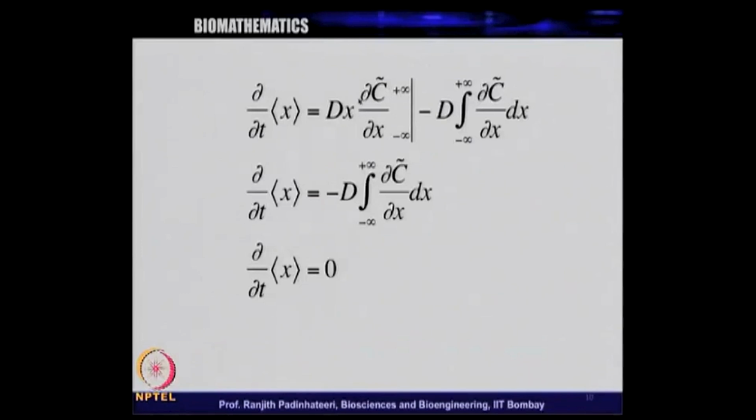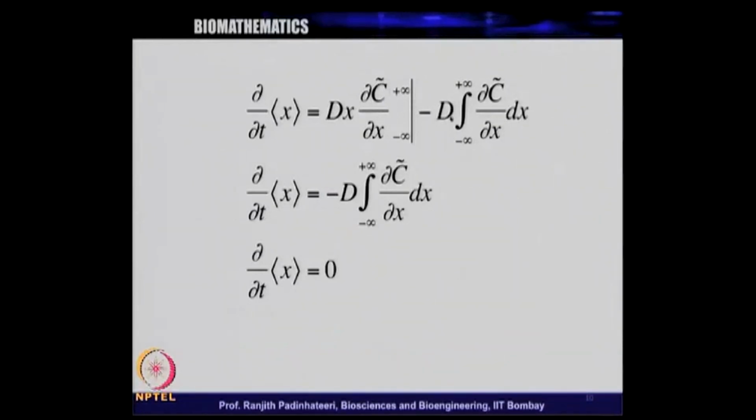Now if you apply this limit, by arguing that the derivative del c by del x at plus infinity and minus infinity is zero, you will get this term equal to 0.